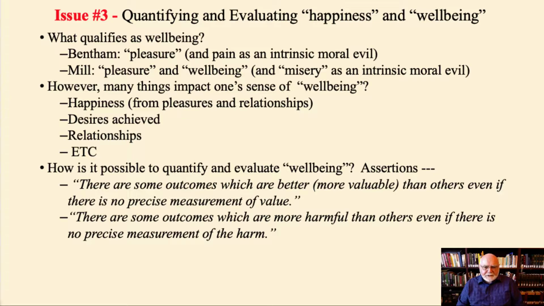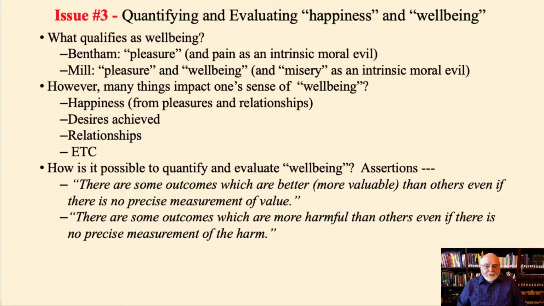Well, the best assertion, I think, and I think this is well stated in the textbook, is simply to say that there are some outcomes which are better and more valuable than others, even if there's no precise measurement of value. There's a sense in which it's common sense. There are some outcomes which are more harmful than others, even if there's no precise measurement of the harm.